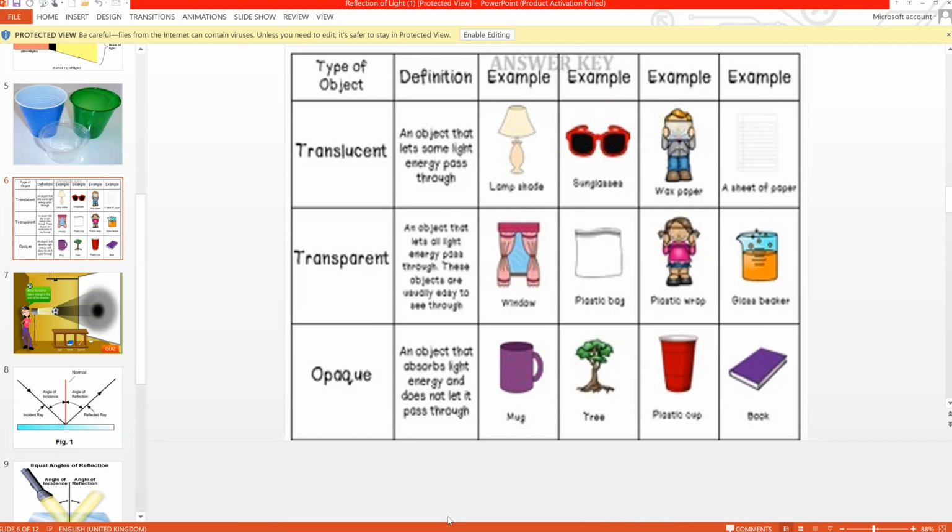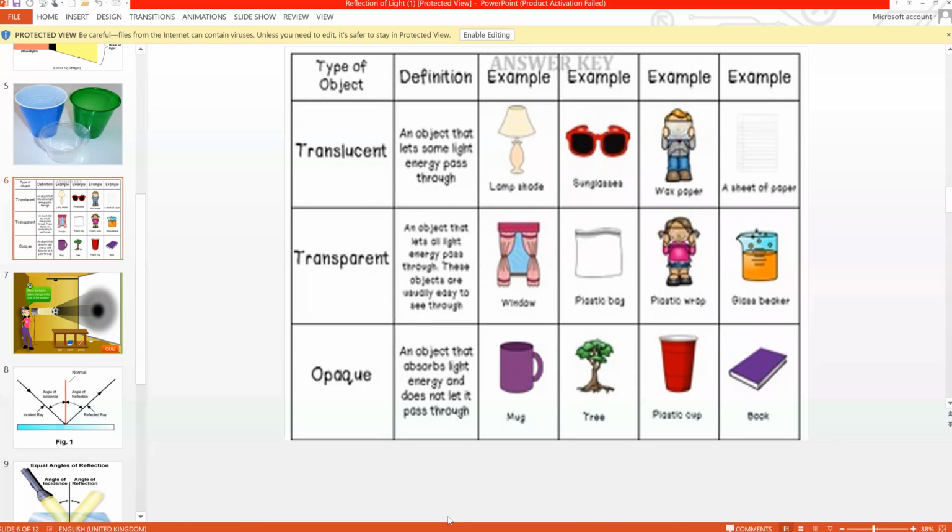Shadow appears whenever there is some blocking of light. If light is not passed through a particular object, then that object appears as a shadow. So transparent objects do not form any shadows because they do not block any light.